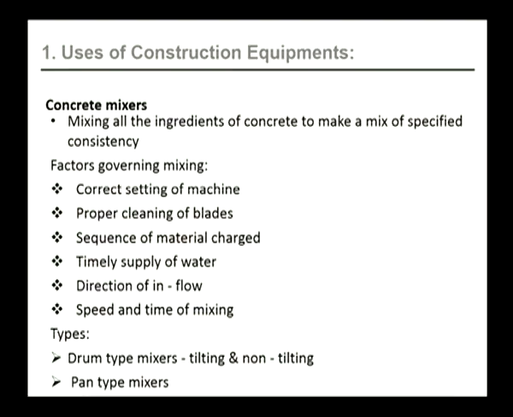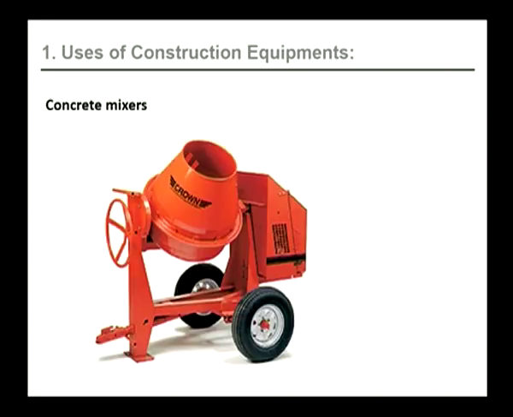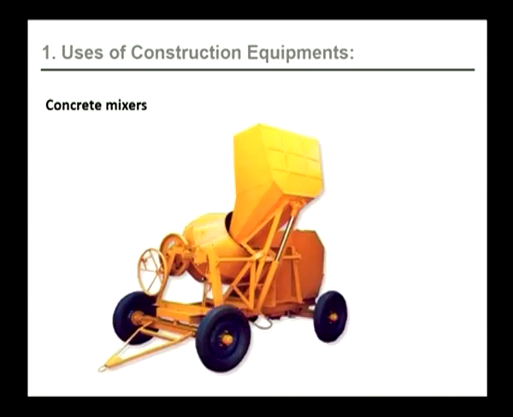There are two kinds of concrete mixers. One is a drum type mixer that has a tilting and a non-tilting type, and the second is a pan type mixer. This is a typical example of a concrete mixer. This is again a typical example of a concrete mixer.